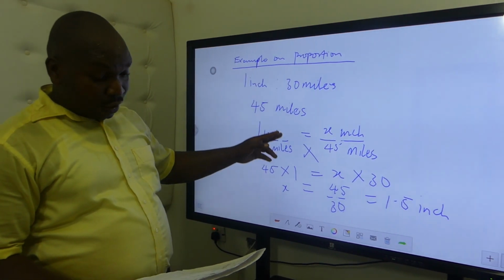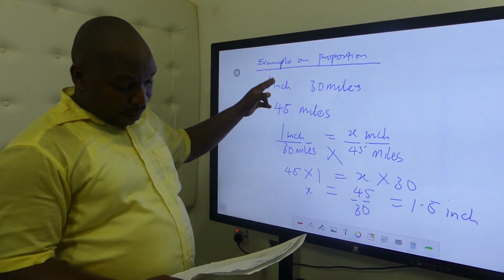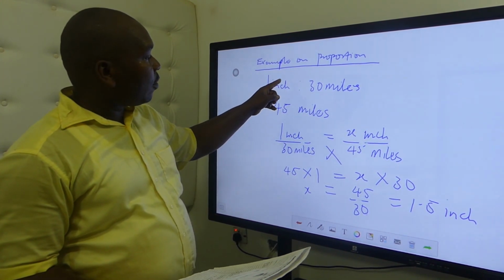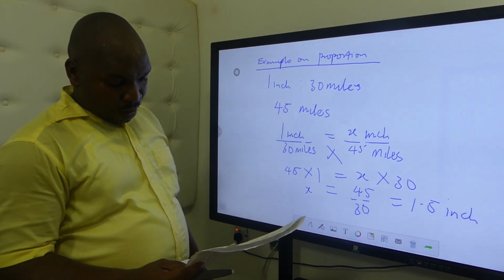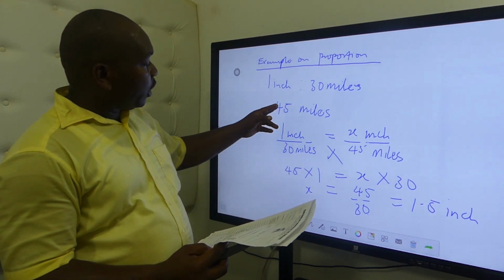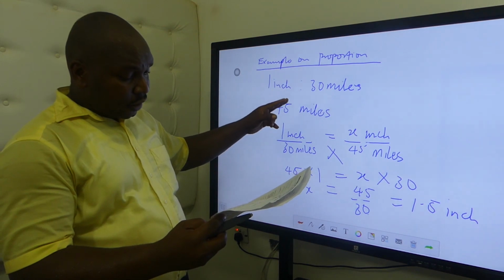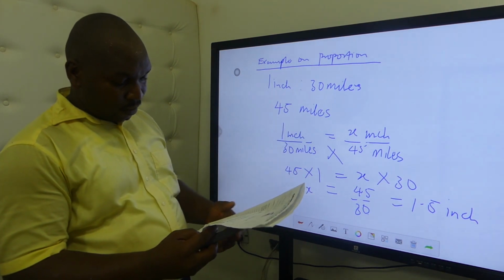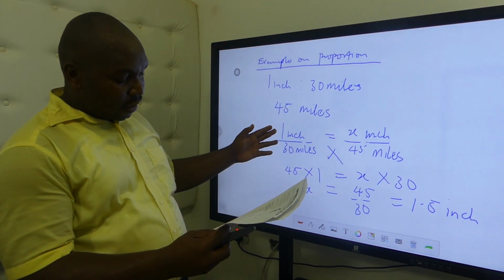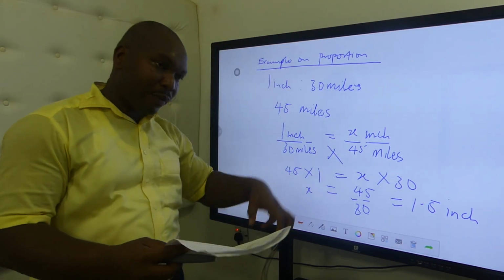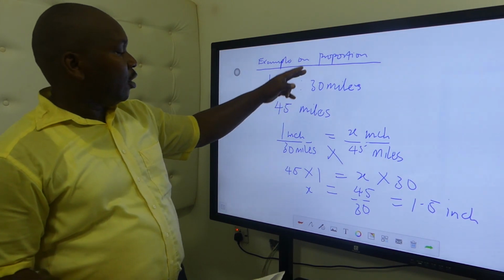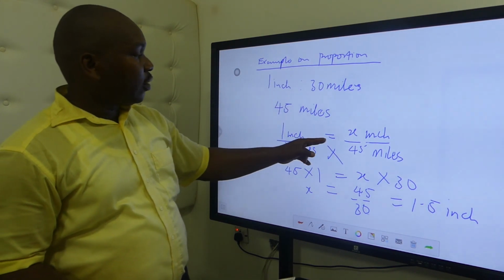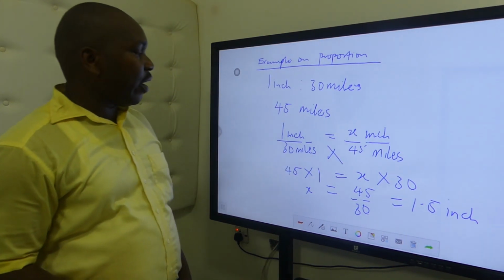Let me take the question again. They said a map scale is 1 inch is to 30 miles. The distance between two cities is 45 miles. What is the distance between the two cities on the map? So we use proportion, which is 1 inch over 30 miles is equal to x inch over 45 miles.